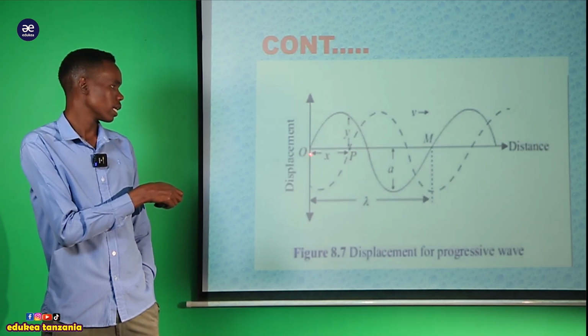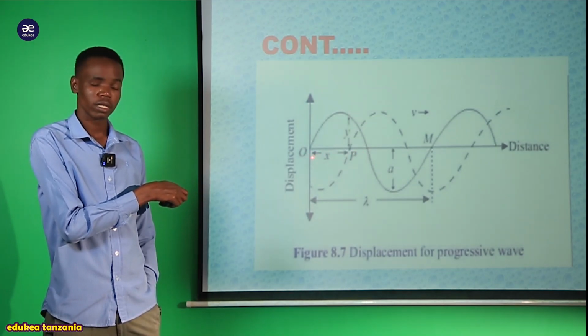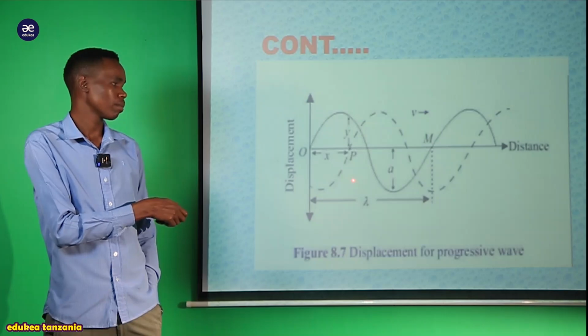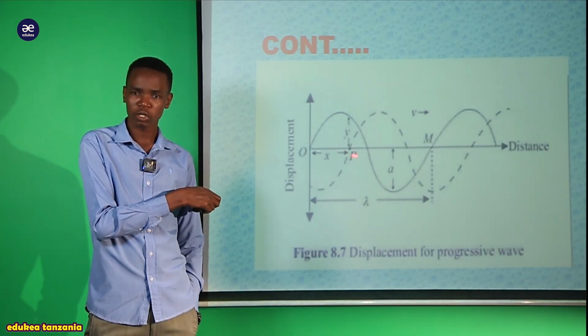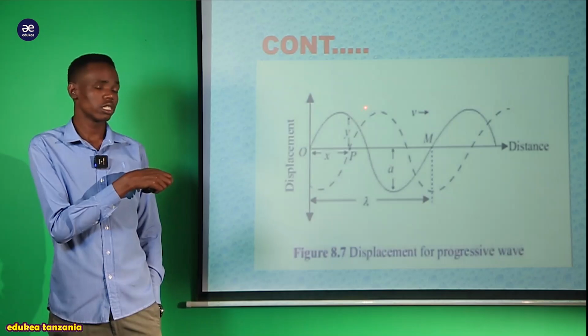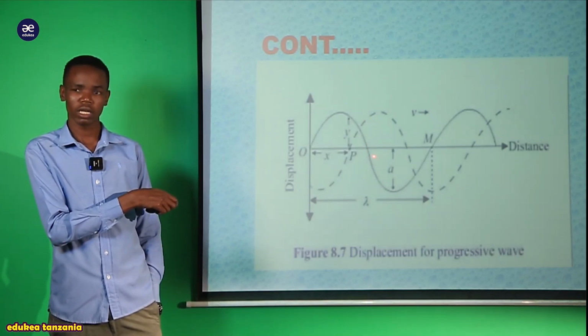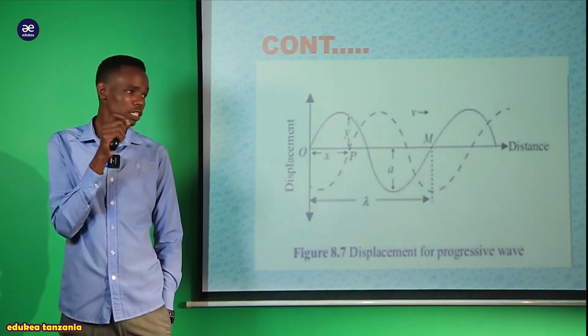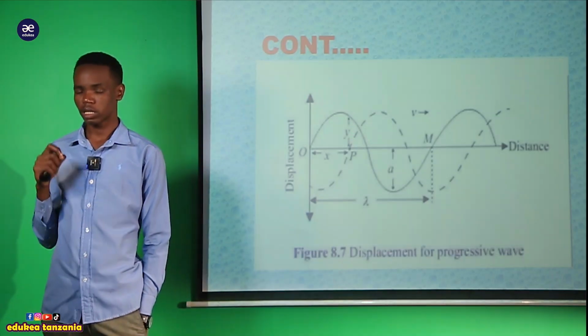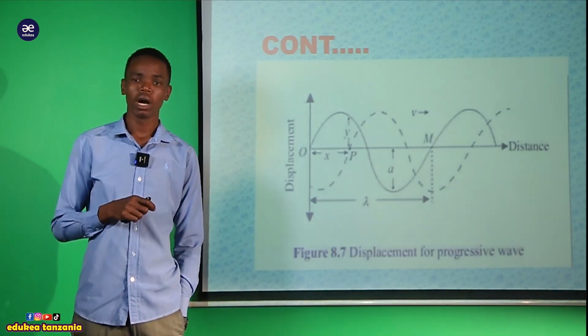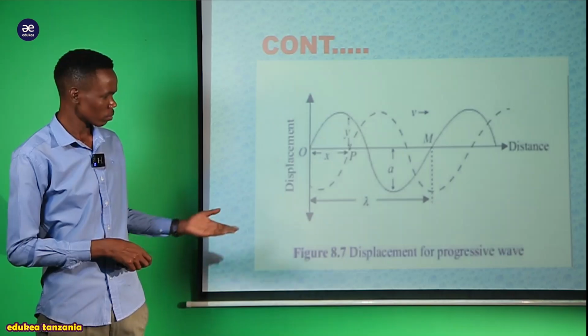And this indicates the distance from O to P is labeled by x, while the distance from this equilibrium position up to this is the displacement from the equilibrium position until it reaches the maximum displacement. Here it is labeled by the letter y, as we have been told, my dear students.